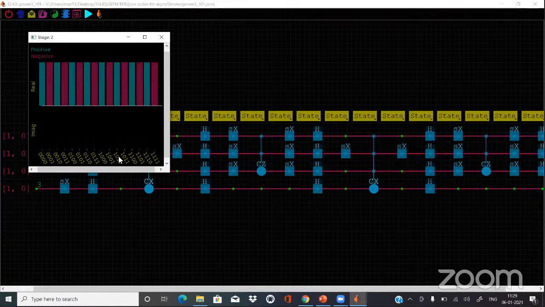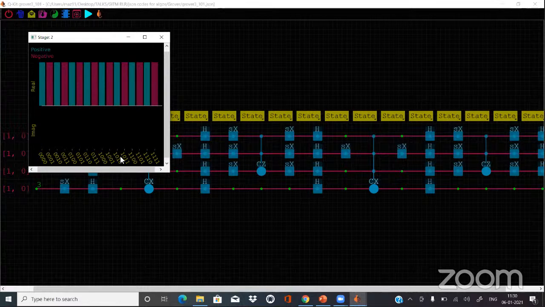It is here, here, and here, and nowhere else. So these 2 states have our first 3 qubits as 101. Starting from the top, this is the first qubit, second qubit, and third qubit. So in the top 3 qubits I want 101, and they are here only at this stage.